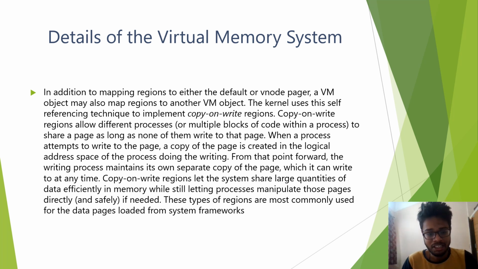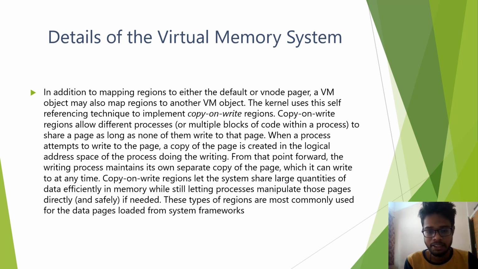Copy on write regions allow different processes to share a page as long as none of them write to that page. When a process attempts to write to the page, a copy of the page is created in the logical address space of the process doing the writing. From that point forward, the writing process maintains its own separate copy of the page, which it can write to at any time.